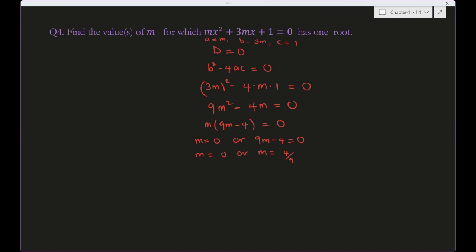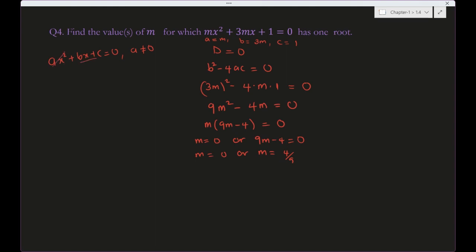But now, if we look at this carefully, go back to the question. What do we know about a quadratic equation? We know a quadratic equation in general form, the standard form, is this one, right? And we have a condition that a cannot be what? 0. Because if a, which is the coefficient of x squared, becomes 0, it means we will no longer have a quadratic.